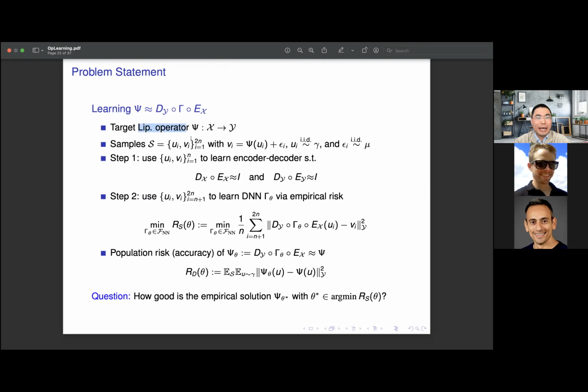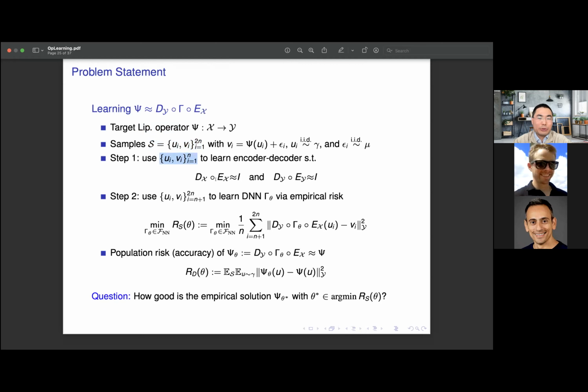We have 2n samples, the function pairs ui and vi, possibly with some noise. We try to establish some theory for a two-step training algorithm. In the first step, we try to use the first half of samples to learn encoder and decoder in the x and y function space.